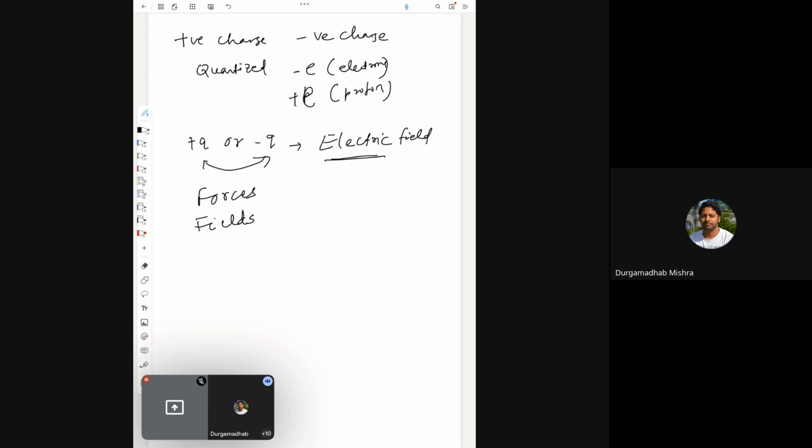And interestingly, we will also write it in terms of potential, which is different from potential energy. Then there will also be some energy as well. These are the things which will be used in understanding this interaction.